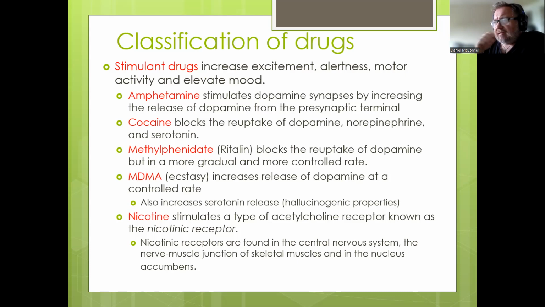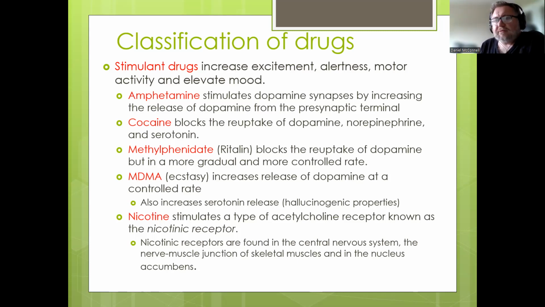Now, MDMA, as I had kind of hinted at before, also known as ecstasy, is a difficult one to categorize because it is known to create hallucinogenic effects, and this is associated with the increase in serotonin that it triggers, right?